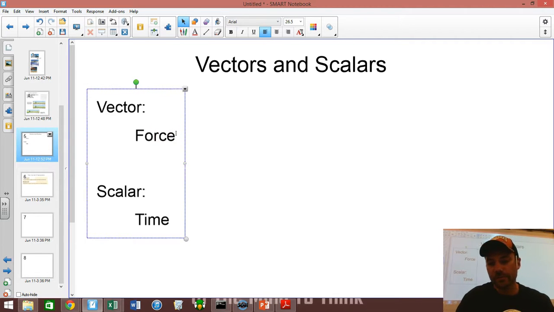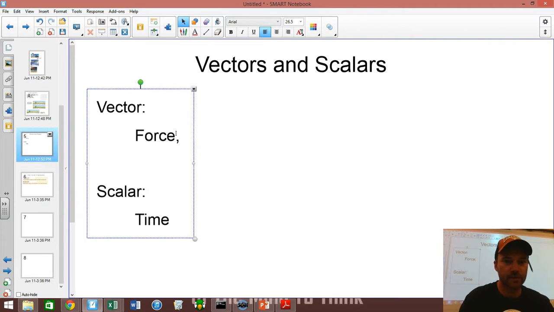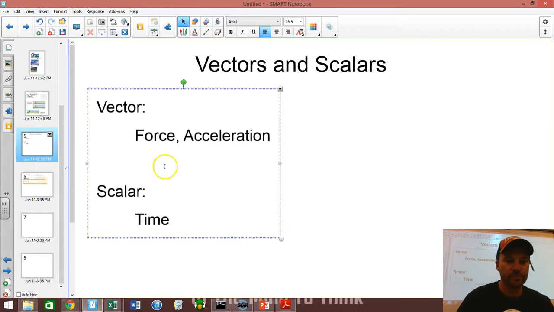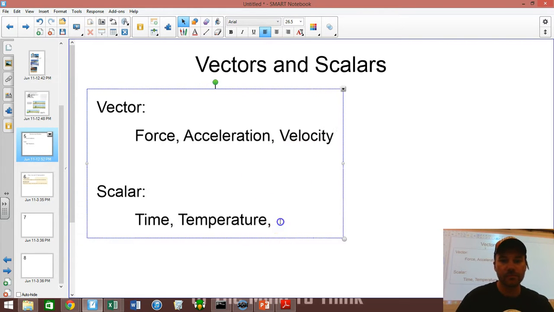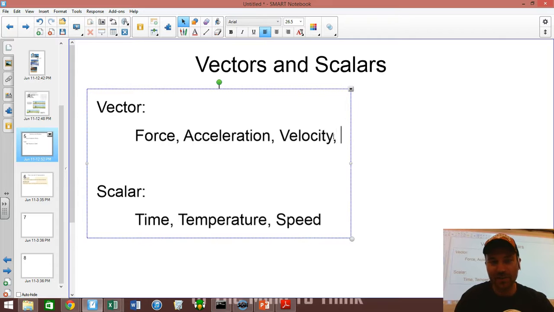Another example, let's see here. Acceleration. Temperature. Velocity. Speed. These ones are tricky. Here's another tricky couple here.